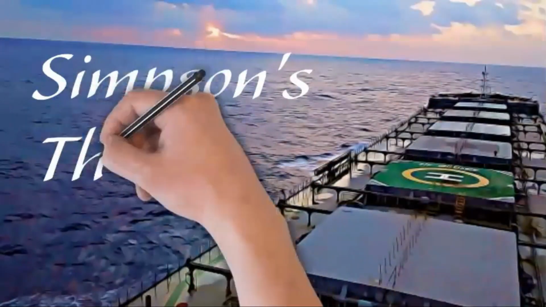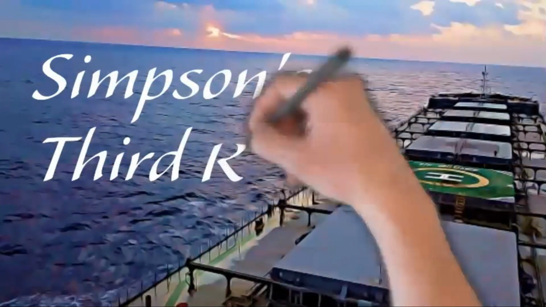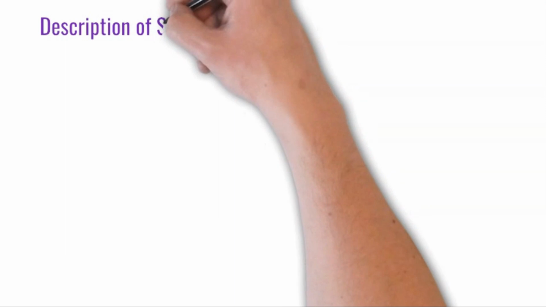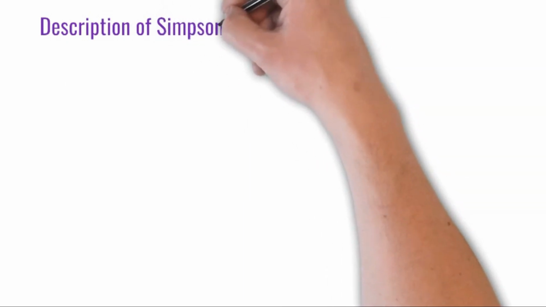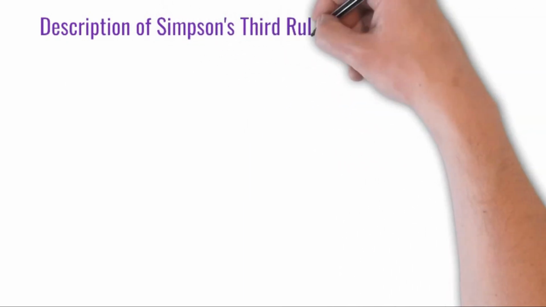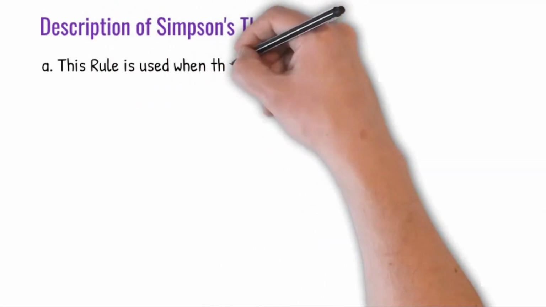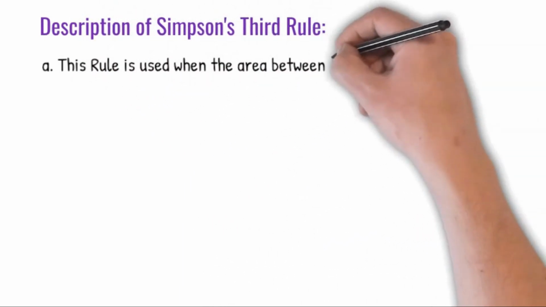Simpson's third rule. Description of Simpson's third rule. A. This rule is used when the area between two adjacent ordinates is required.